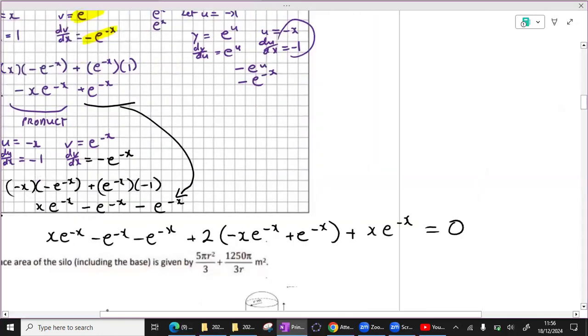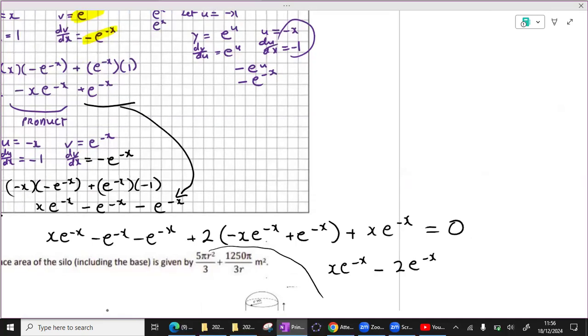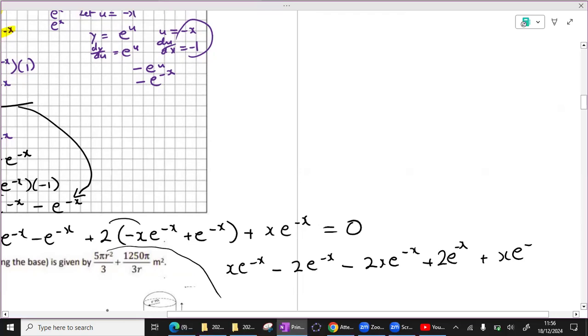So multiplying out the line, I'm going to just rewrite the first part. I'll write that as minus 2e to the minus x, actually. Then I multiply out my brackets. That's minus 2x e to the minus x plus 2e to the minus x. And then it's plus x e to the minus x.